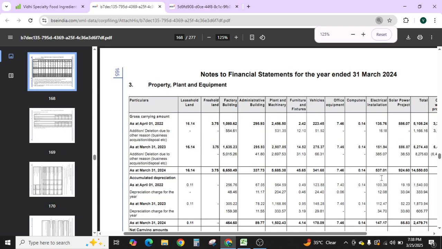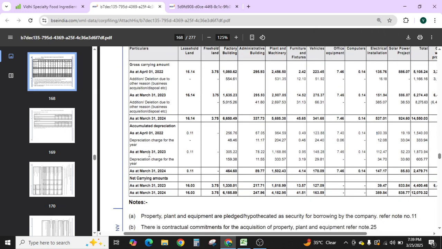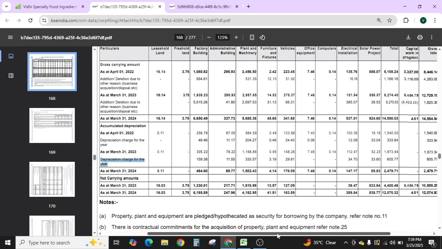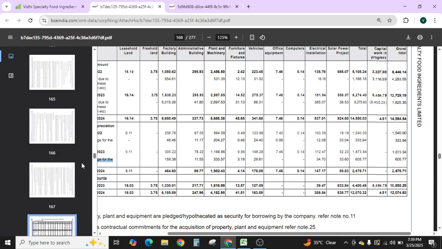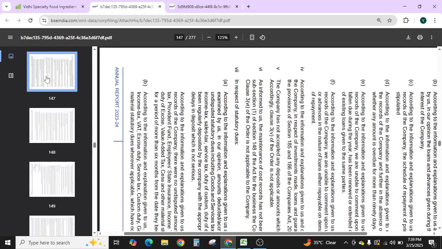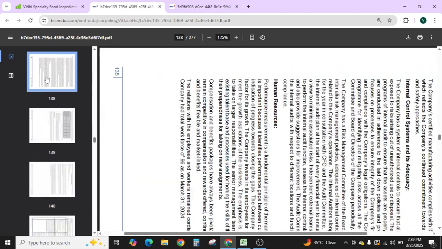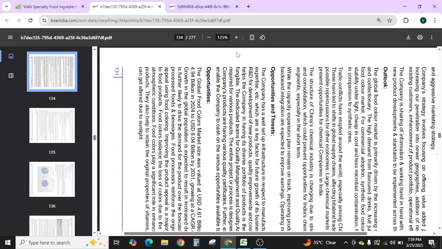Let me zoom. Yeah, depreciation for the year, for leasehold land, freehold land, factory building, plant and machinery, furniture and fixture, is 605.77, and maybe there will be amortization too, we will check. But 605.77 will go in PNL.